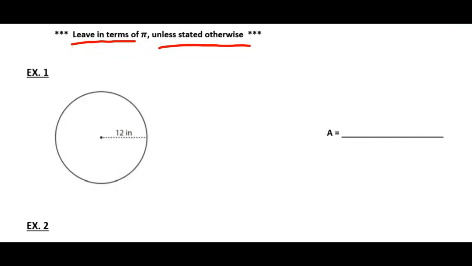Now, example one, the radius is 12. So again, area is pi r squared. All right, so that means pi 12 squared. Well, all I got to do, again, do not multiply the pi, write the pi. So let's take the 12 squared and do that.